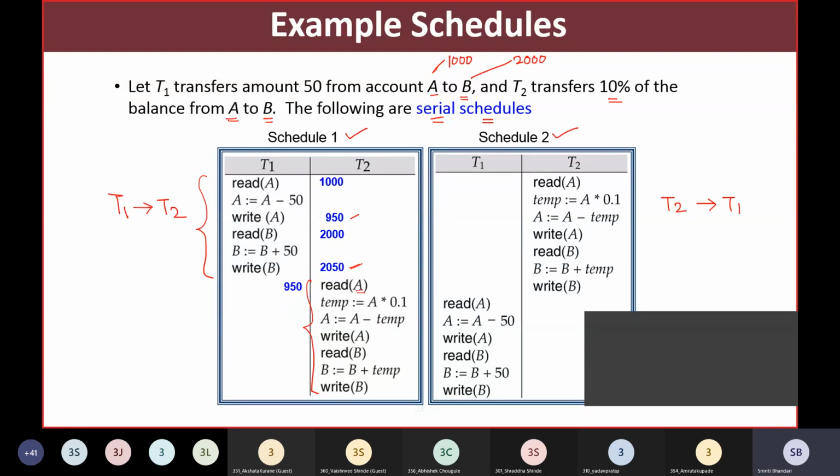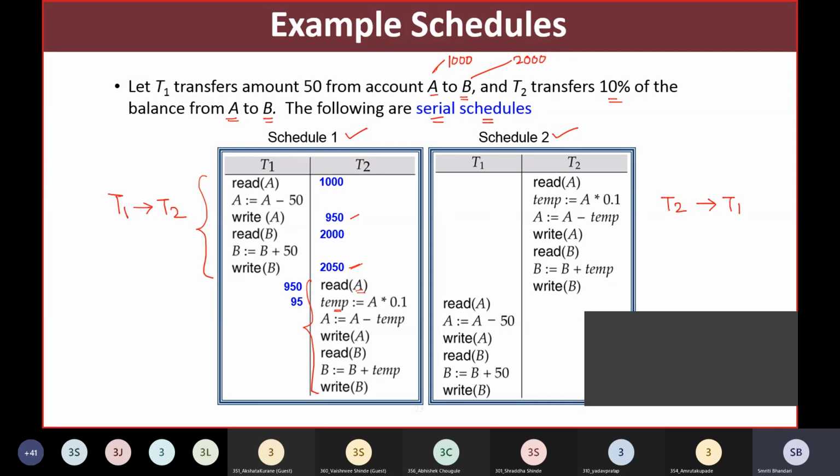Now what is T2 doing? T2 is transferring 10% of the amount of A to B. So it needs to compute 10% of 950. We have defined one temporary variable, temp = A * 0.1. So 10% of A is computed and stored in temp.